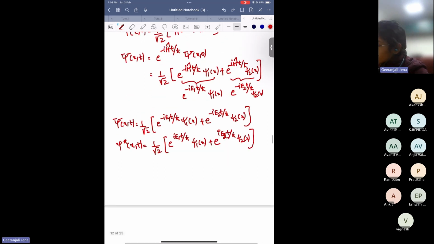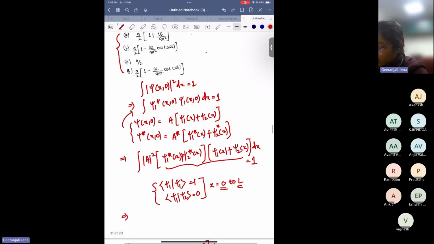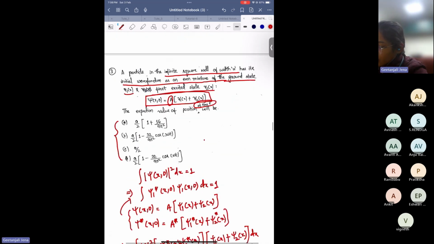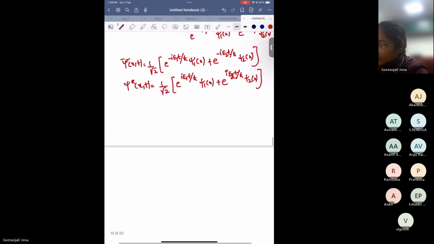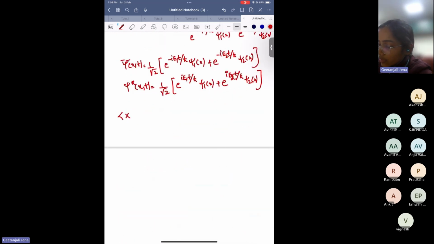So now what is it asking? It is asking about the expectation value of position at time t. We have to find out what is the value of x here.